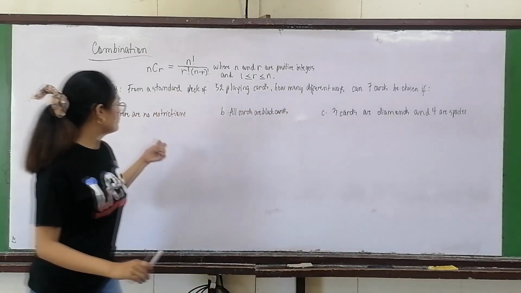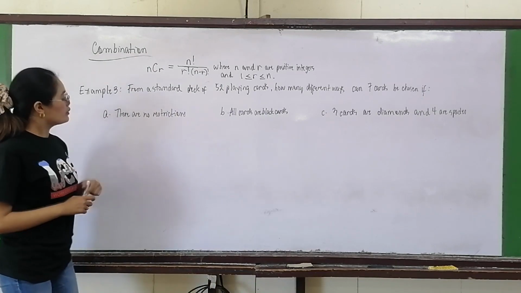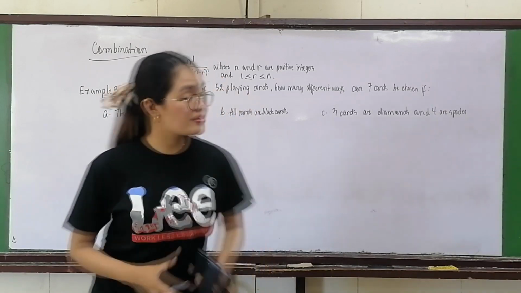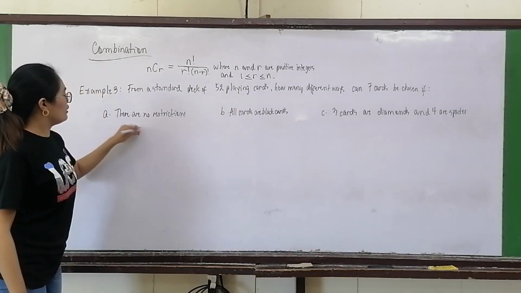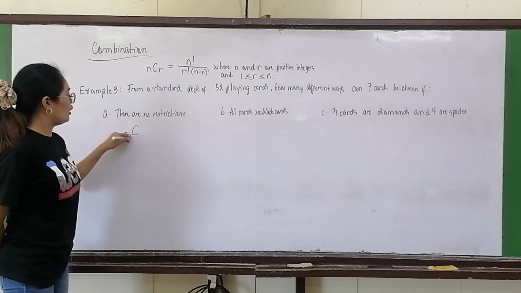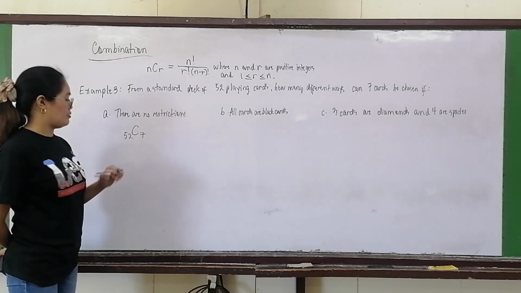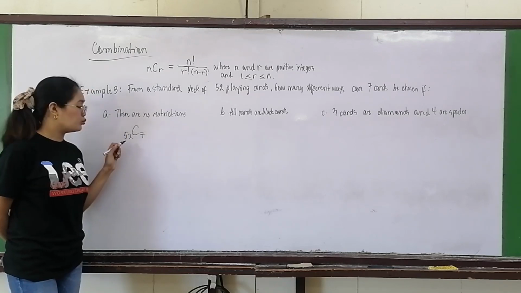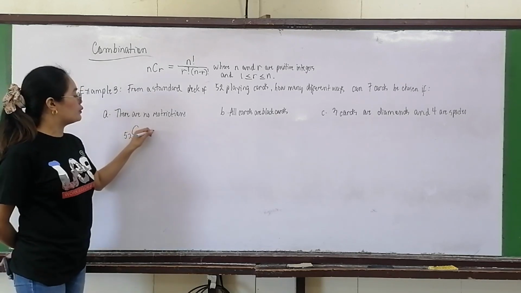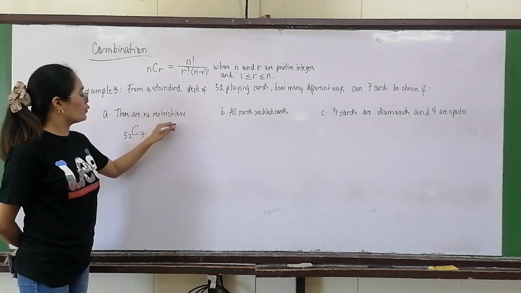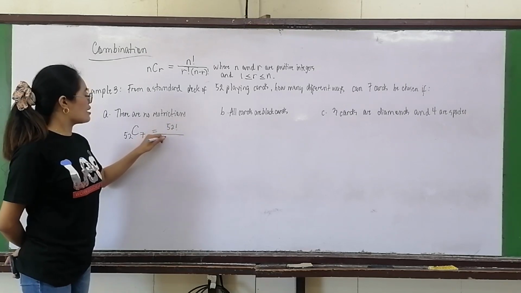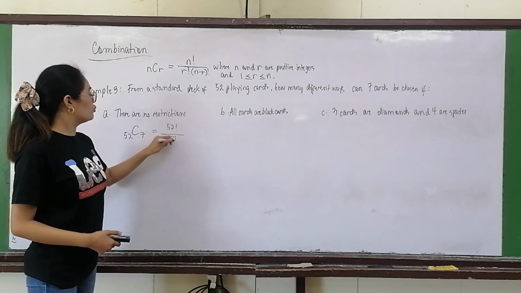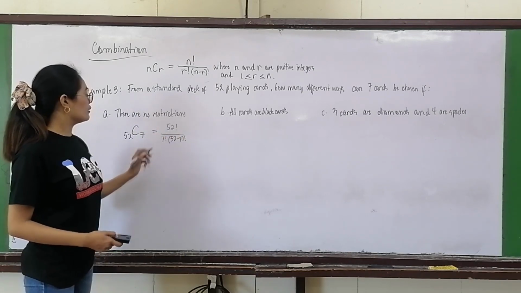This time, let us solve the following problems. For the first condition, there are no restrictions. With this, we have 52 factorial over 7 factorial times 52 minus 7 factorial.